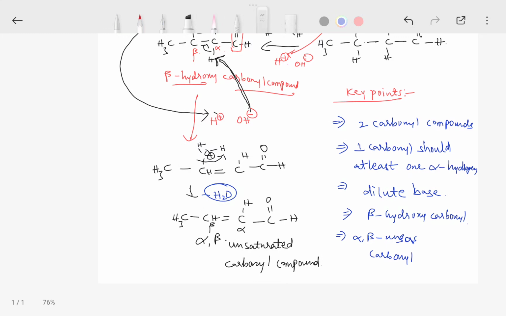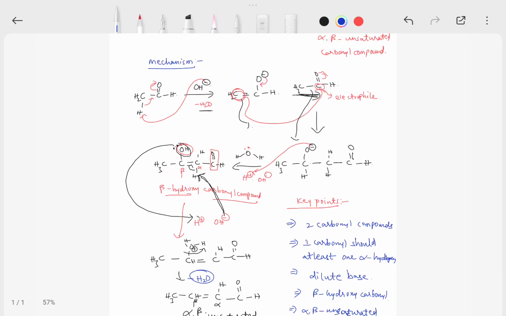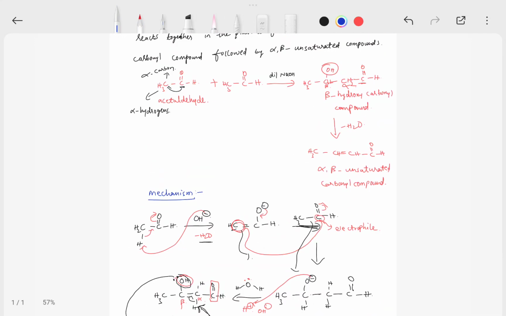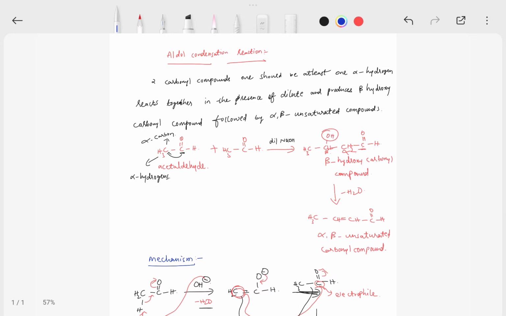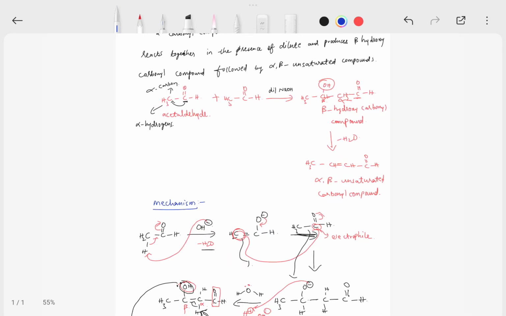Unsaturated carbonyl compounds. So tomorrow we'll do some reactions based on this aldol condensation reaction. Tomorrow we'll solve some more examples, so we'll get to know more about this aldol condensation. So what is called aldol condensation? Now you got the idea, right?